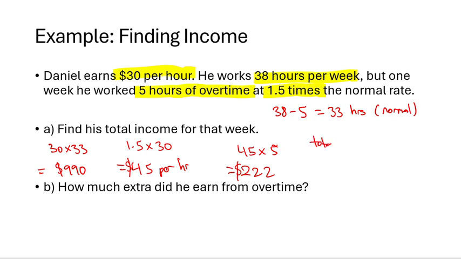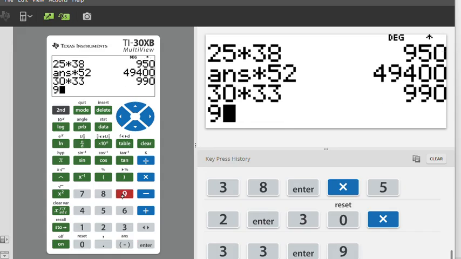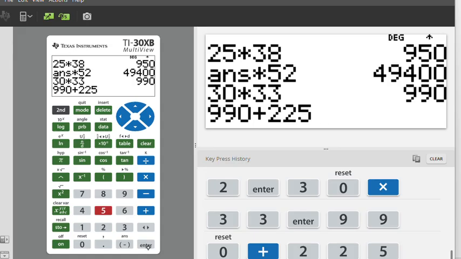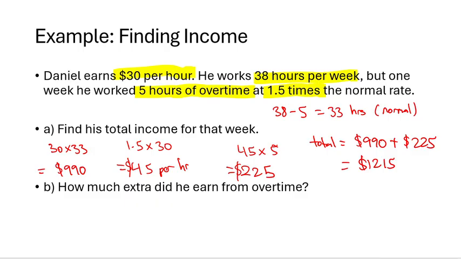So total, Daniel earned $990 plus 225, which adds up to 1215, if my math is right. 990 plus 225. Oh yeah, 1215. There we go.